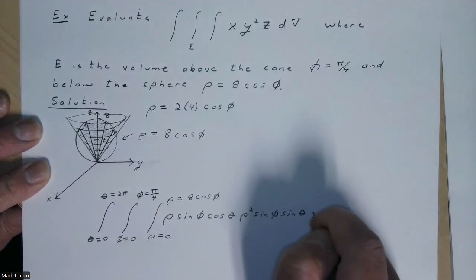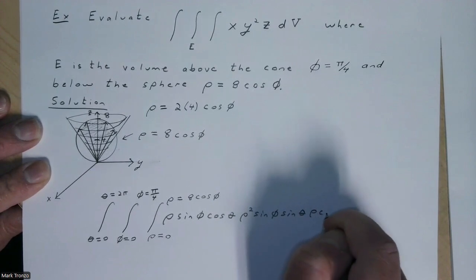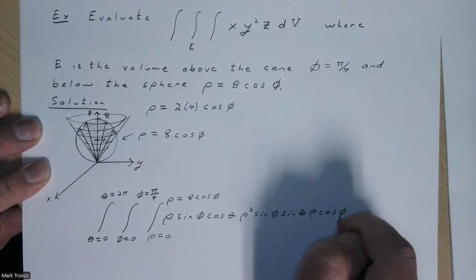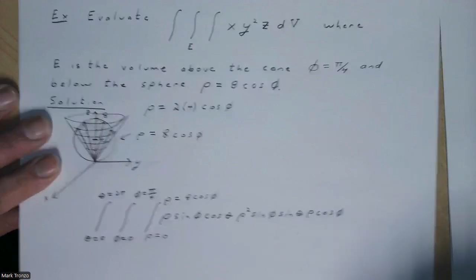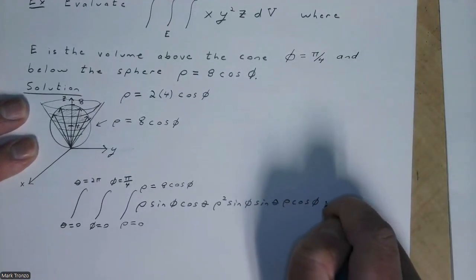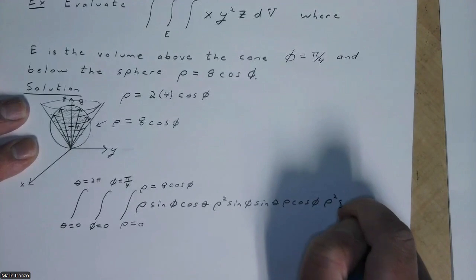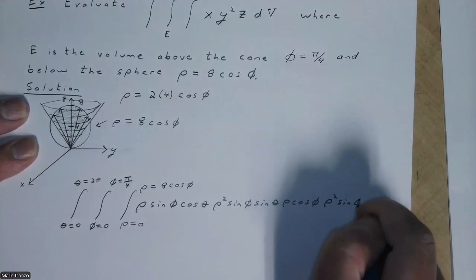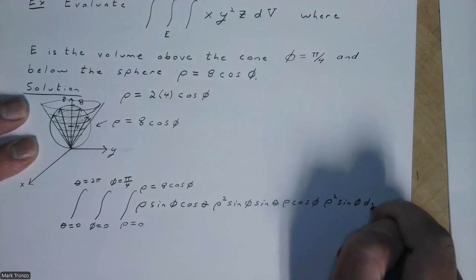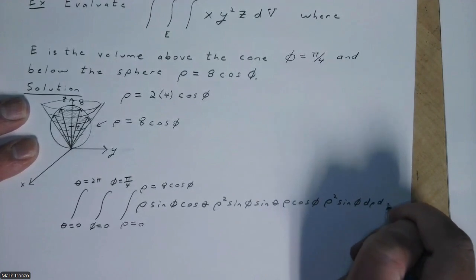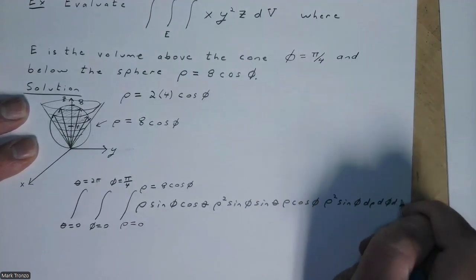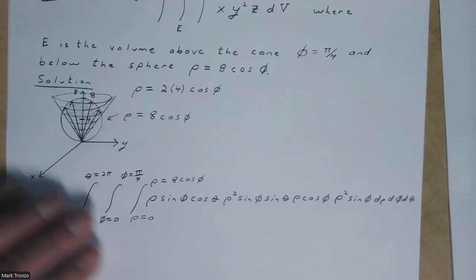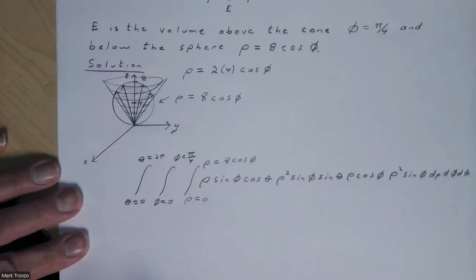Z is rho cos phi. And then, of course, the Jacobian, rho squared sine phi d rho d phi d theta. Just barely fit everything in.